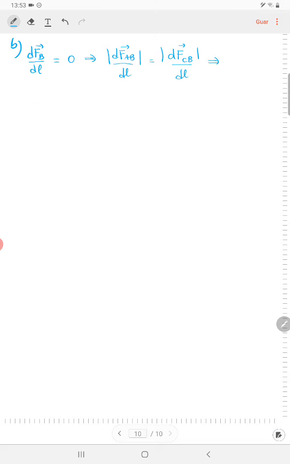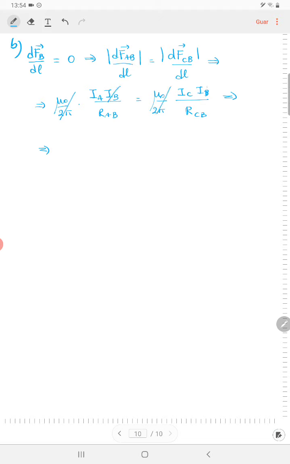So this means that mu sub 0 divided by 2 pi times the current in A, current in B, divided by the distance between A and B has to be equal to mu sub 0 divided by 2 pi, current in C, current in B, divided by the distance between C and B. Okay, so we can take these away.